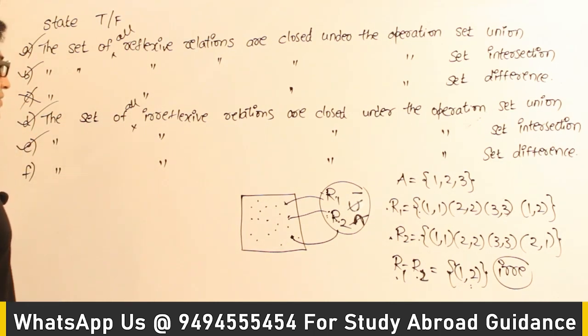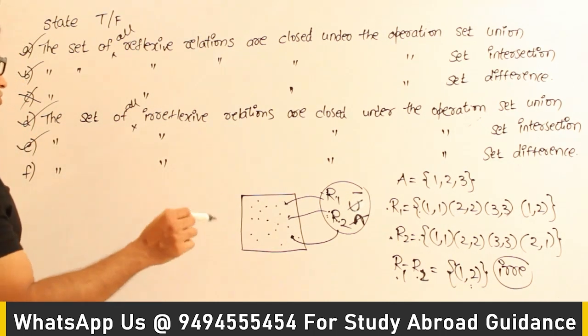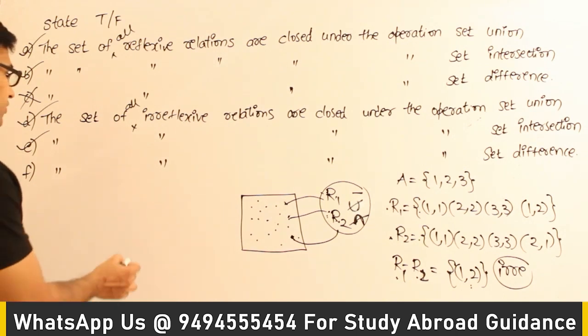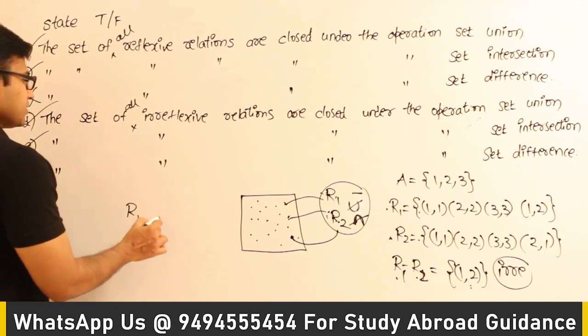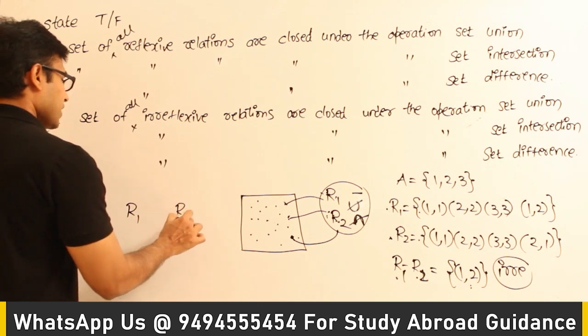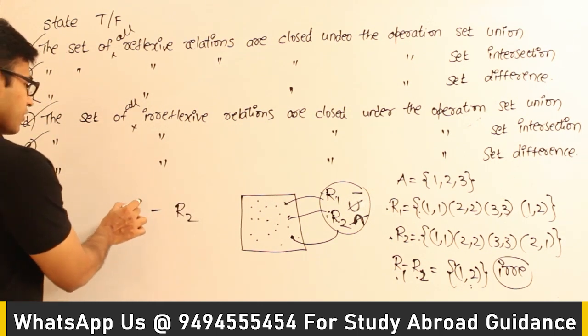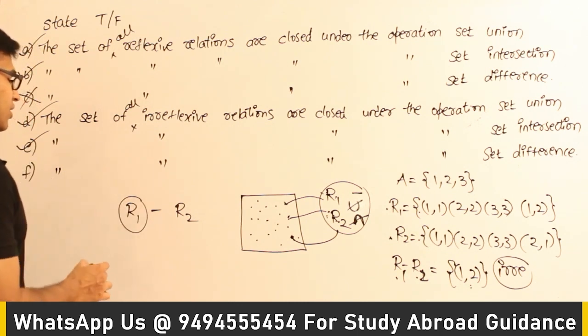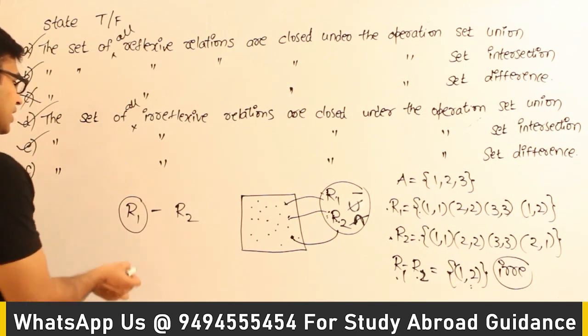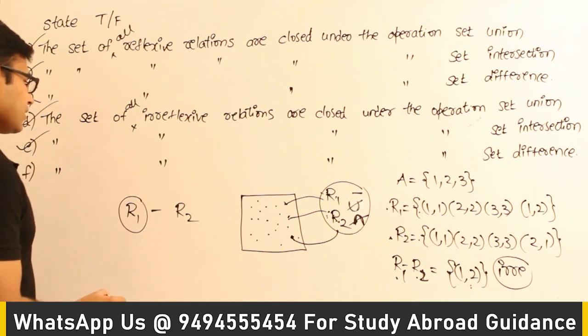What about set difference? Set difference is also going to be irreflexive. If R1 is an irreflexive relation and R2 is an irreflexive relation, then R1 minus R2 is nothing but, from R1, we subtract or delete some of the ordered pairs. Already R1 does not contain any diagonal elements.